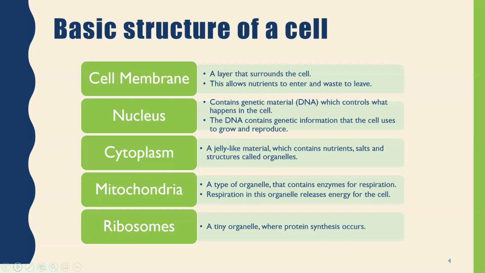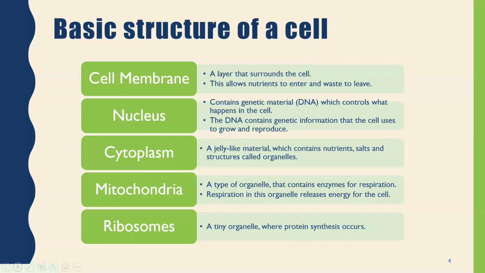Mitochondria, a type of organelle, are structures that contain enzymes for respiration. Now, just in case you've forgotten, a quick reminder, respiration is a process that releases energy. So it's vital in living organisms. Respiration in the mitochondria releases energy for the cell to function and for the cell to grow.